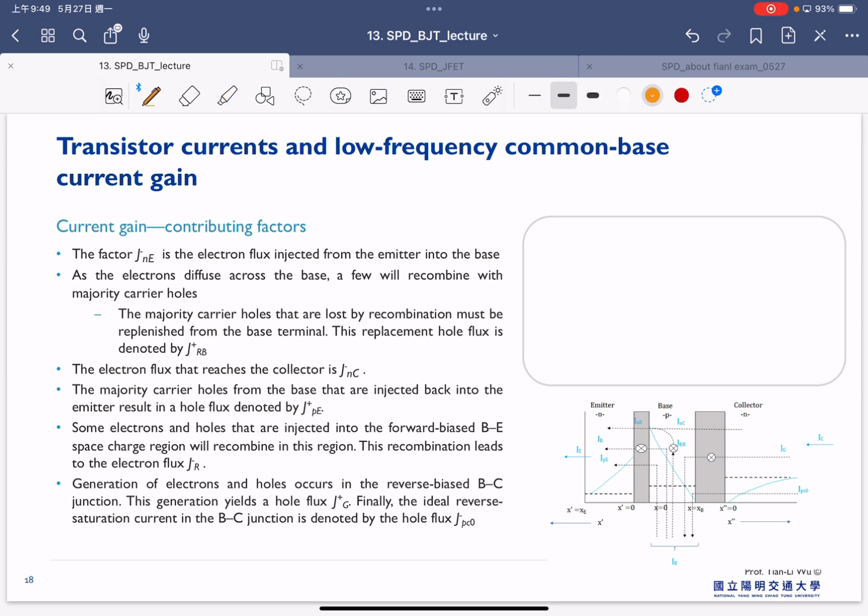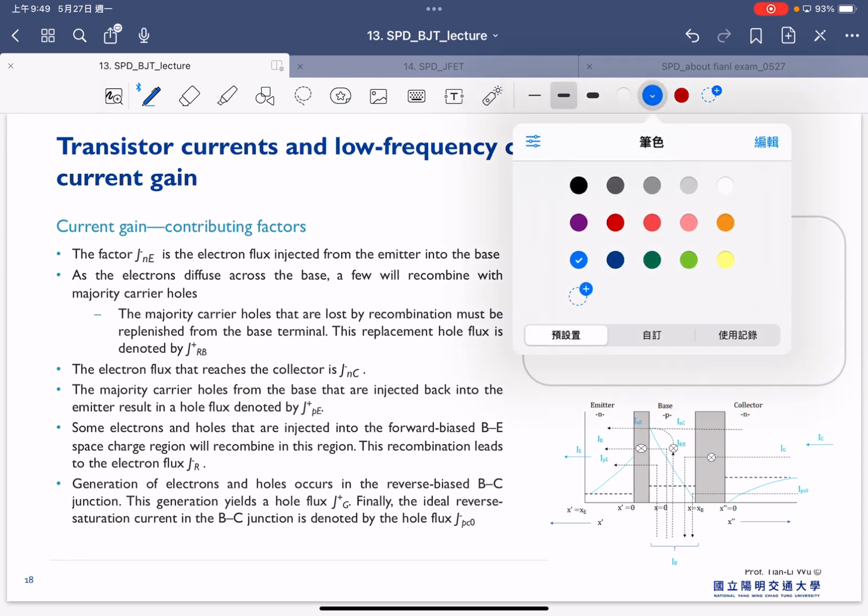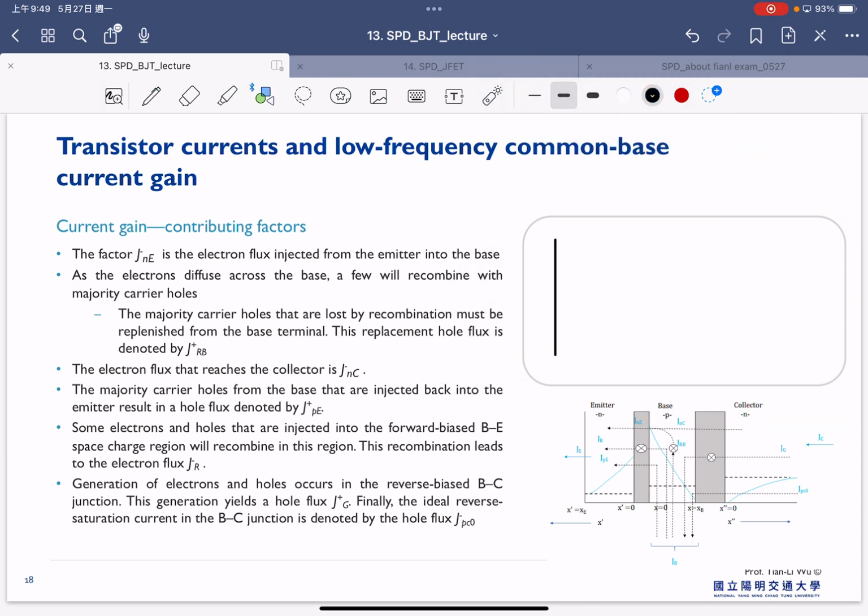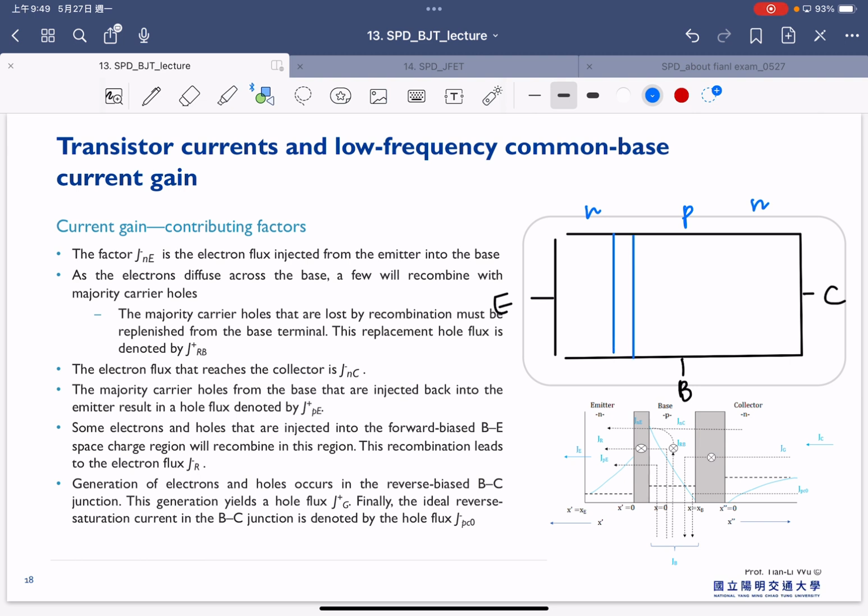We still use a similar schematic we have drawn before, with these three regions of the NPN: the emitter, the base, and the collector, and for sure in each PN junction we have the space charge region in between.